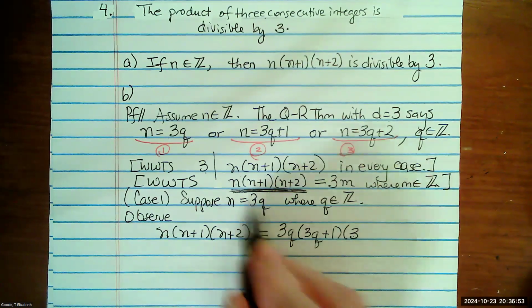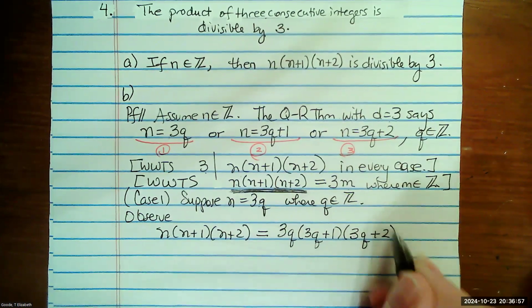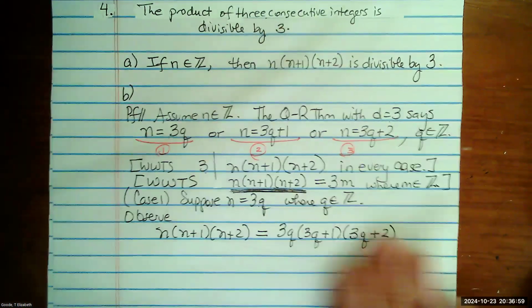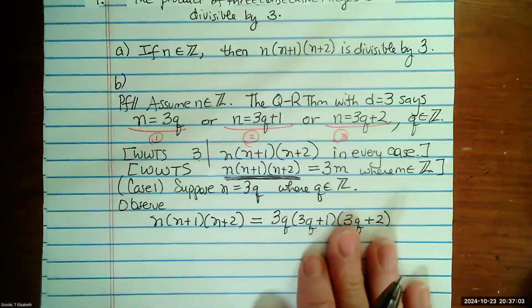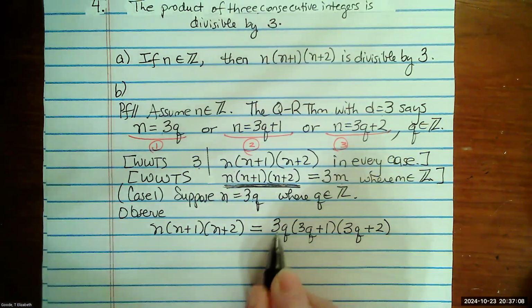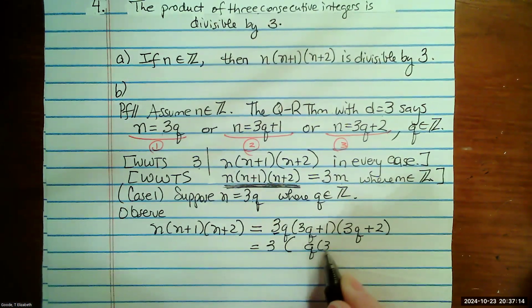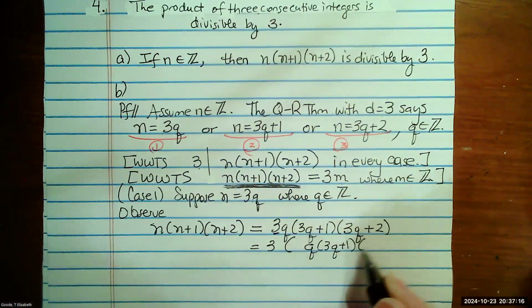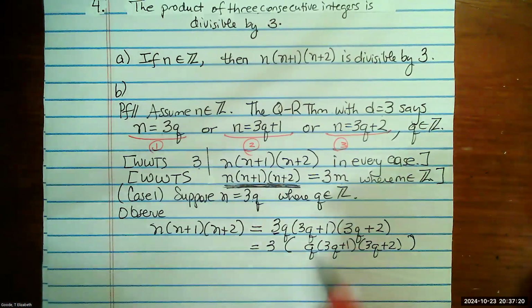Don't forget your q. You don't have to multiply all this out. I showed you all this in class. Check it out, there's a 3 right there. So just pull that 3 out, and all these other factors can stay exactly like they are. We don't need to multiply all that out. We're just going to talk about why that's an integer.